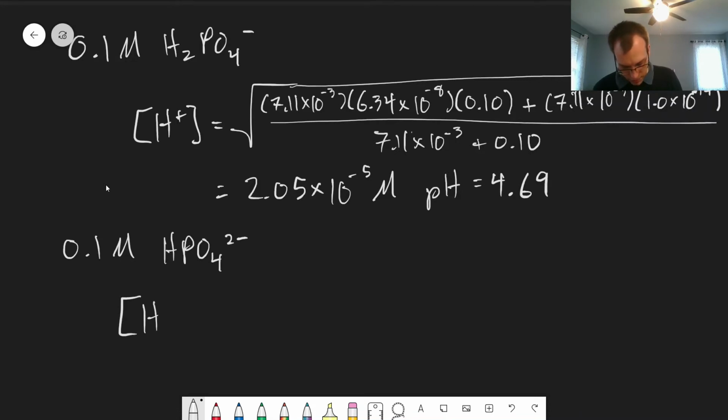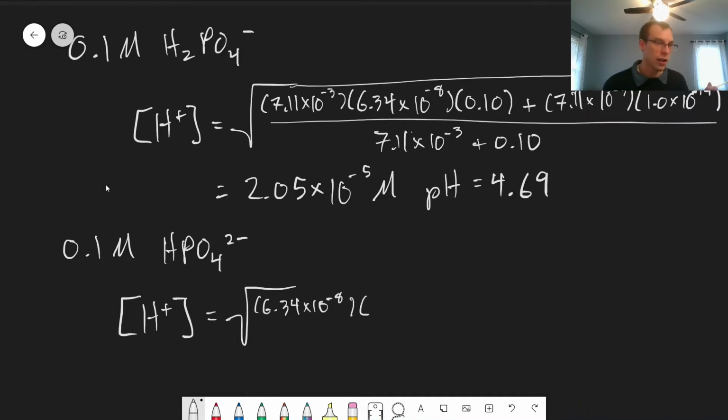We use this same equation, but now our K1 and K2 values are different. So now our K1 is Ka2, which is 6.34 times 10 to the minus 8. And our K2 is Ka3, which we can calculate out as 4.22 times 10 to the minus 13.